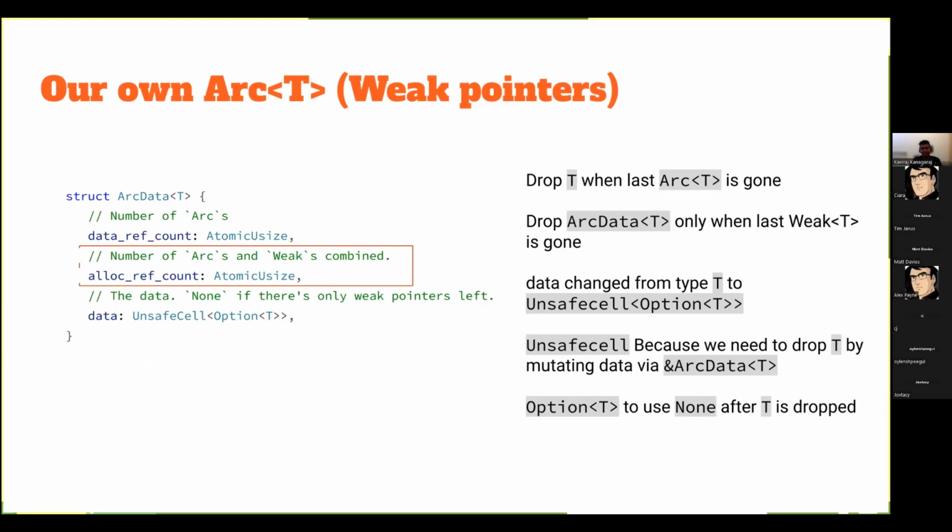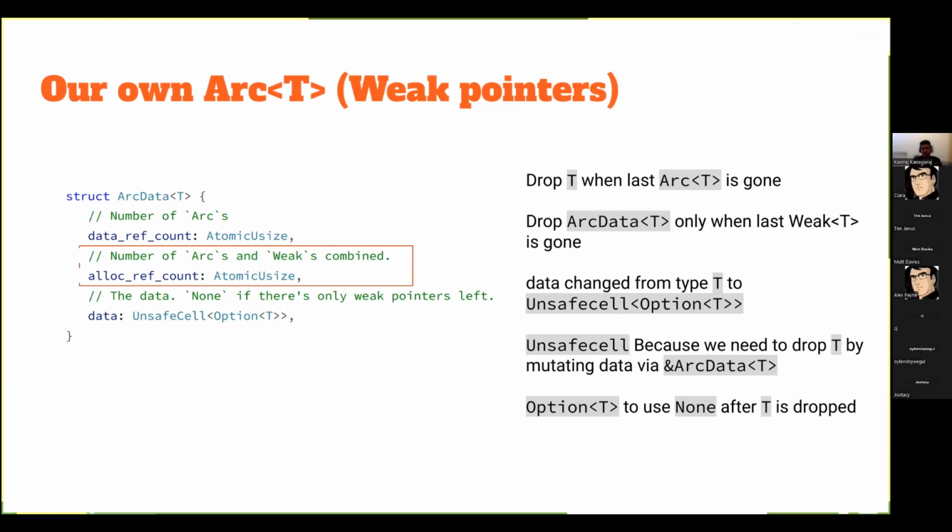And we can confidently drop or deallocate the actual data when this counter, data ref count, is 0. There is another count we introduce now, alloc ref count, which is a combination of the total number of Arc and Weak that exist out there.